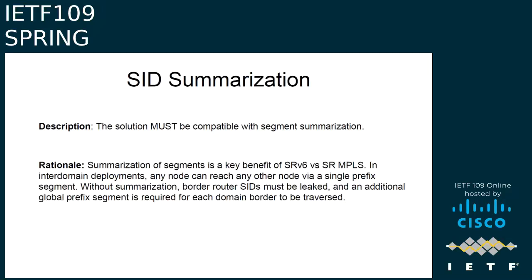Without summarization, border router SIDs must be leaked, and an additional global prefix segment is required for each domain border. So we, the design team, think this is a necessary requirement. Next page.